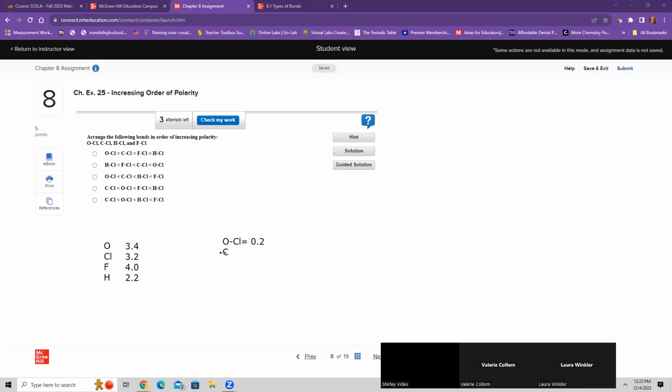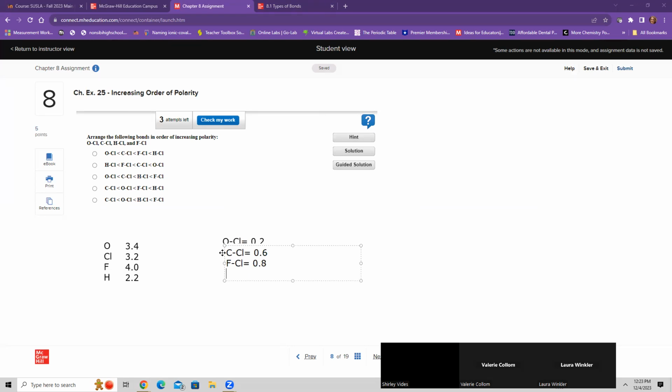Okay, so we start a new one. C minus Cl is going to be equal to 0.6, right? The next one is F and Cl. That is 0.8. Oh, sorry, I forgot to write down what it is. F minus Cl. That is equal to 0.8.